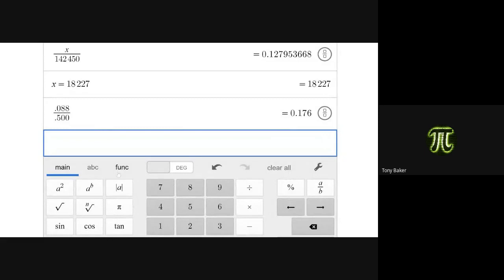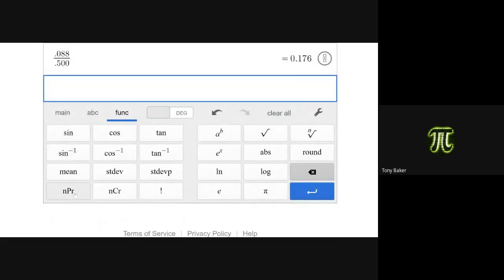We're going to go to the calculator. We're going to use NPR. And it's 30, 4. And there's 657,720 different ways I can choose out of this.